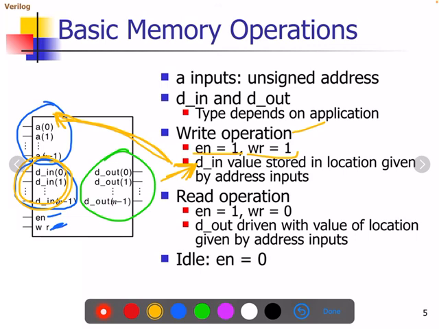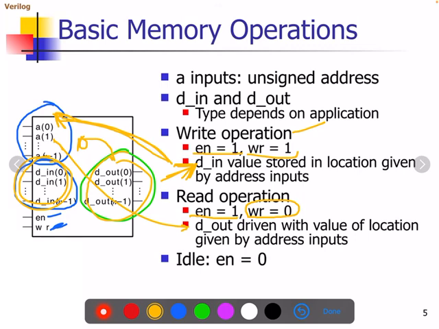For the read operation, we keep enable high and write low, which means it is a read operation. Now we will be getting the data out in the form of D out. We get the data from the memory location specified by the address. So for whatever data we want, we give that address, and the data will be fetched from the memory and given in the form of data out.